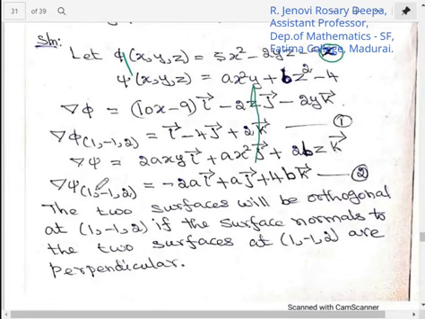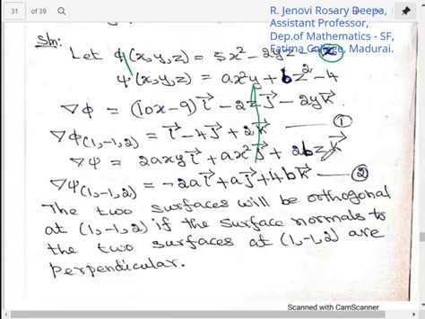Now we need the gradient of psi at the point (1, minus 1, 2). So that is minus 2a i vector plus a j vector plus 4b k vector. Here in grad psi, you replace x, y, z as 1, minus 1, 2 respectively.